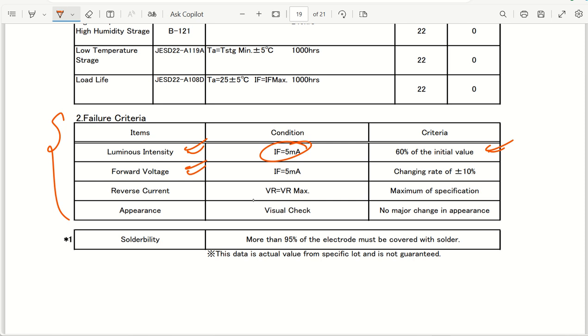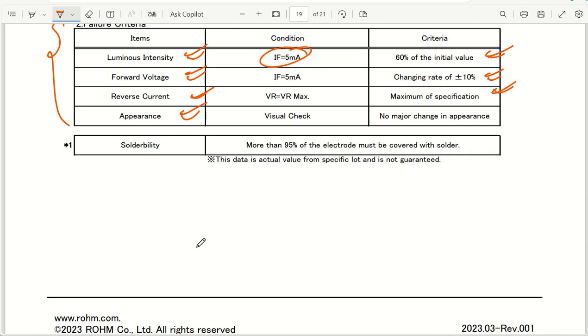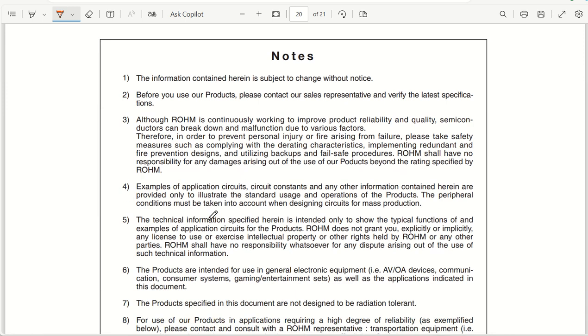For forward voltage, the changing rate is plus minus 10%, so forward voltage can change by plus minus 10%. For reverse current, the maximum specification it can take, there is no problem at all. For appearance, a visual checkup, there is no major change in the appearance, whatever is being told in the data sheet will all be available. So these are the parameters that we always have to look into from the reliability perspective.